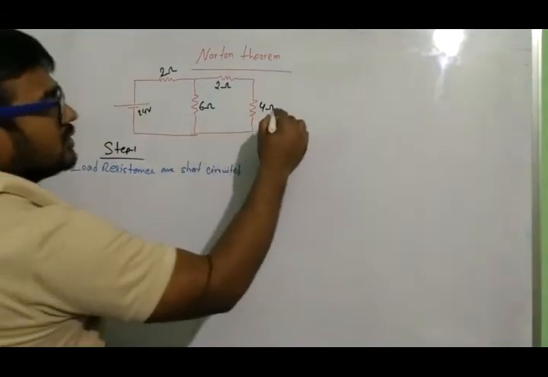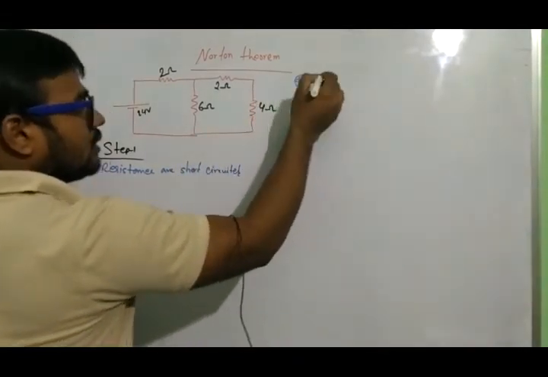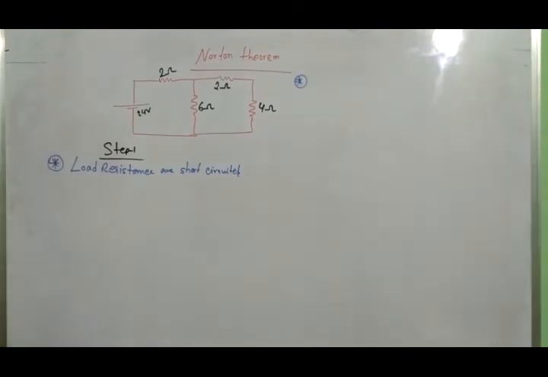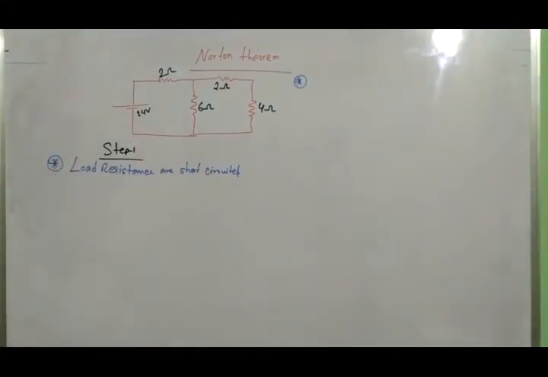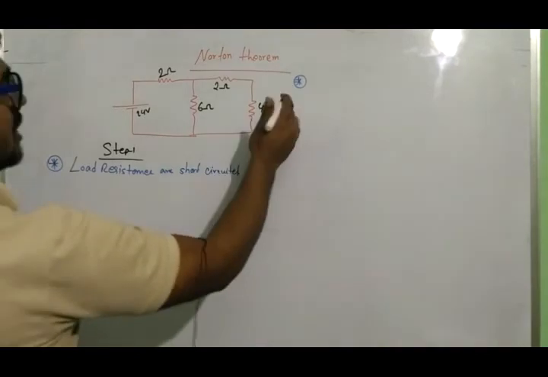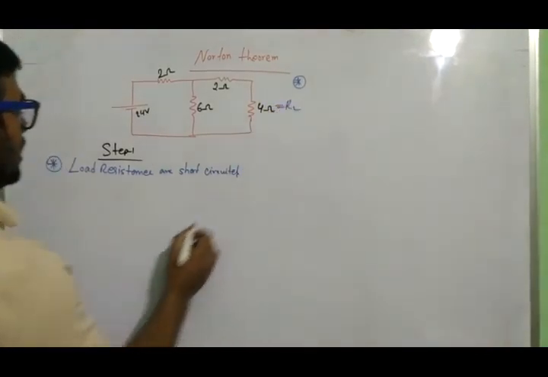The 4 ohm is the load resistance, because the question is to find the current flowing through the 4 ohm resistance using Norton theorem. So here the load resistance RL is 4 ohm.